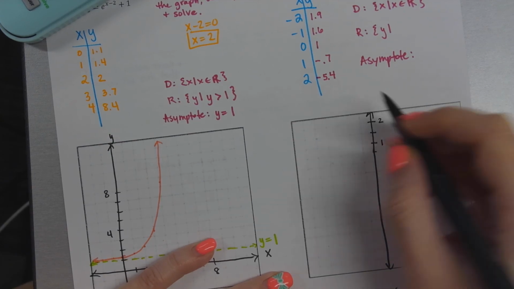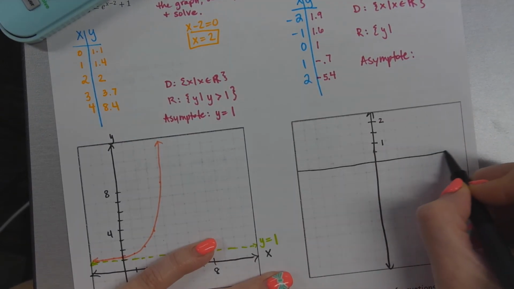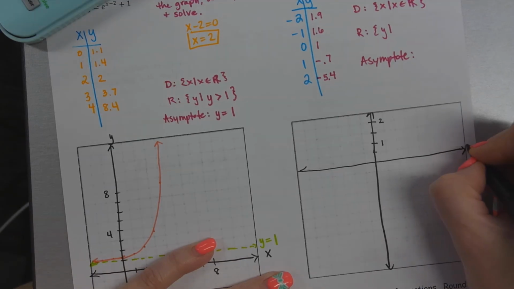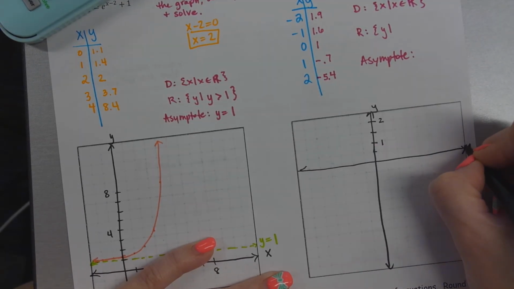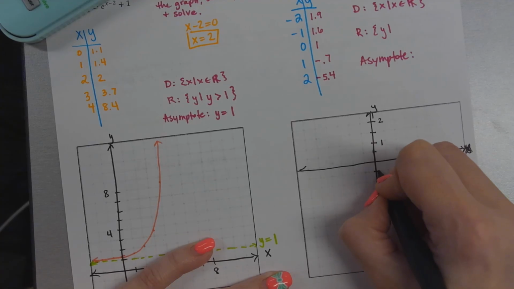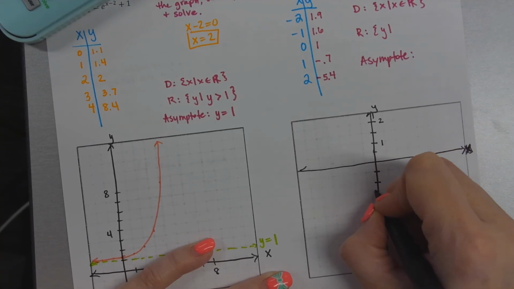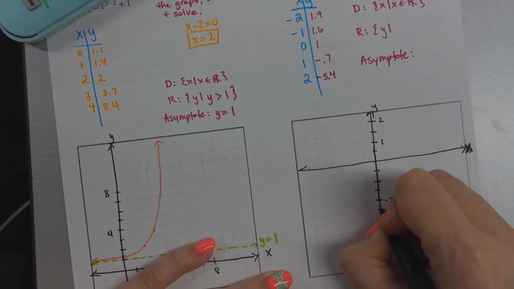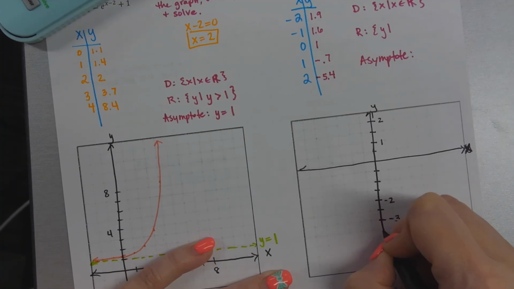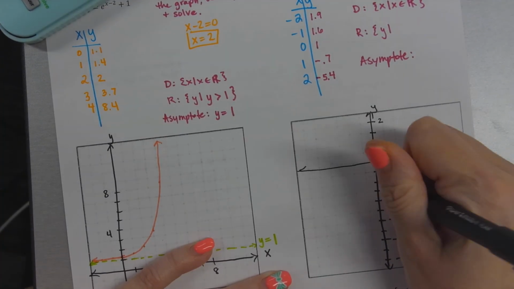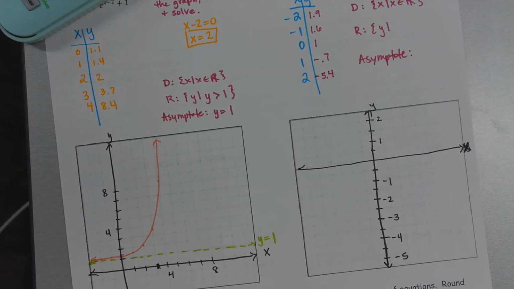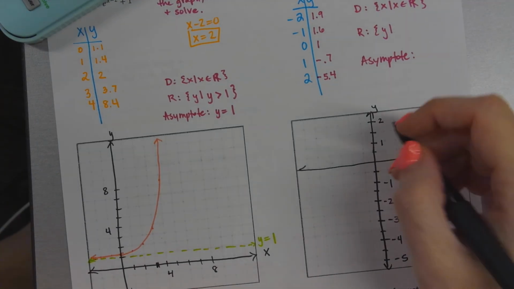Oops, you don't have to do it like that. It's my x. So a half, negative 1, a half, negative 2, negative 3, negative 4, okay, and then I just went by ones here.